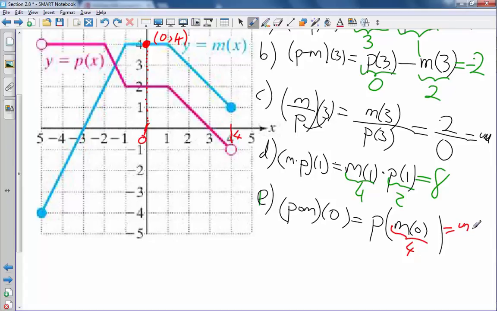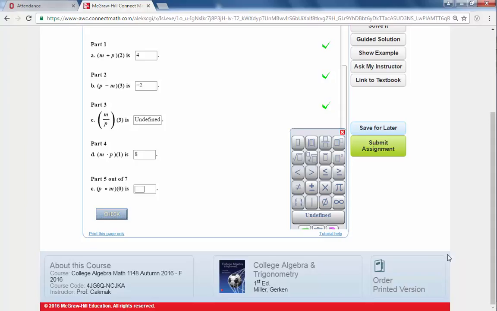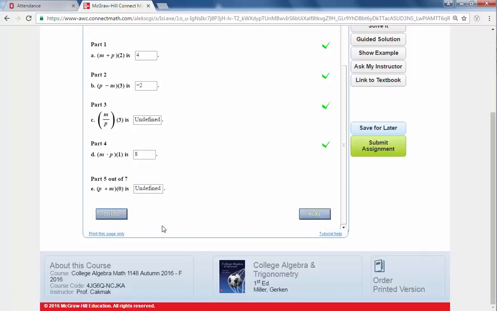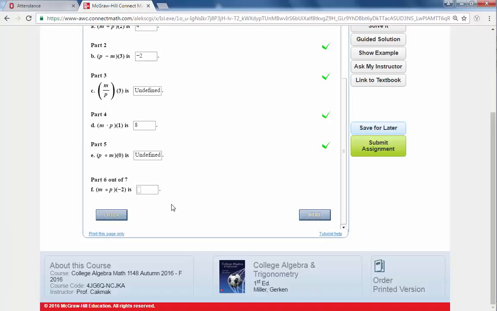You can't find this out. So we are going with undefined on this choice. So 0 didn't go anywhere with these two buses. He's stuck midway.